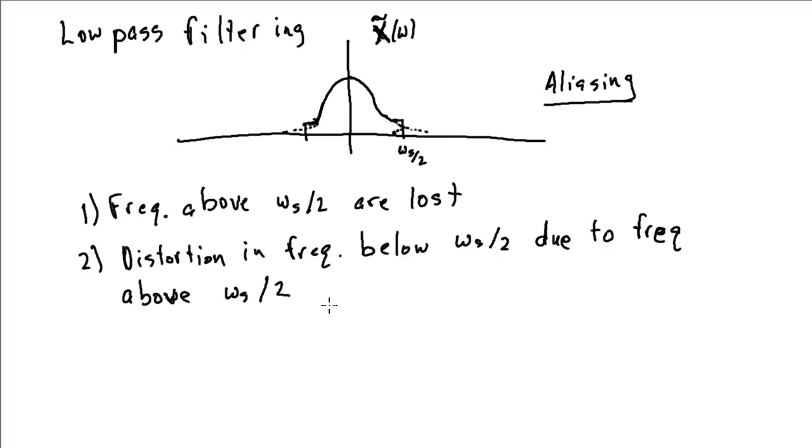We can actually eliminate the second type of distortion if we use a low pass filter before we sample. So the bandwidth of this filter needs to be omega s over 2, or f s over 2 in hertz, and this is called an anti-alias filter.